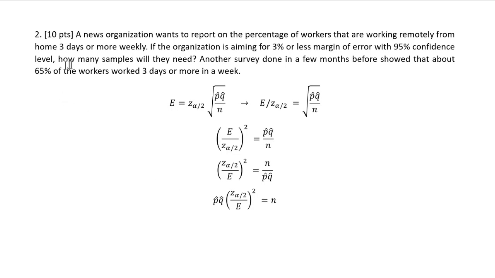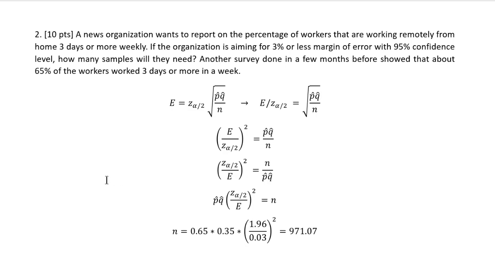And for us, because another survey that was similar was given to us as 65%, we can use this as 0.65 and q hat as 0.35, because 1 minus 0.65 is that. So we put those numbers in. We already know that at 95% confidence level, the z critical value is 1.96. We just did it a moment ago. And then we have the value for e. We want it to be 0.03. So plugging in all the values, you get 971.07.